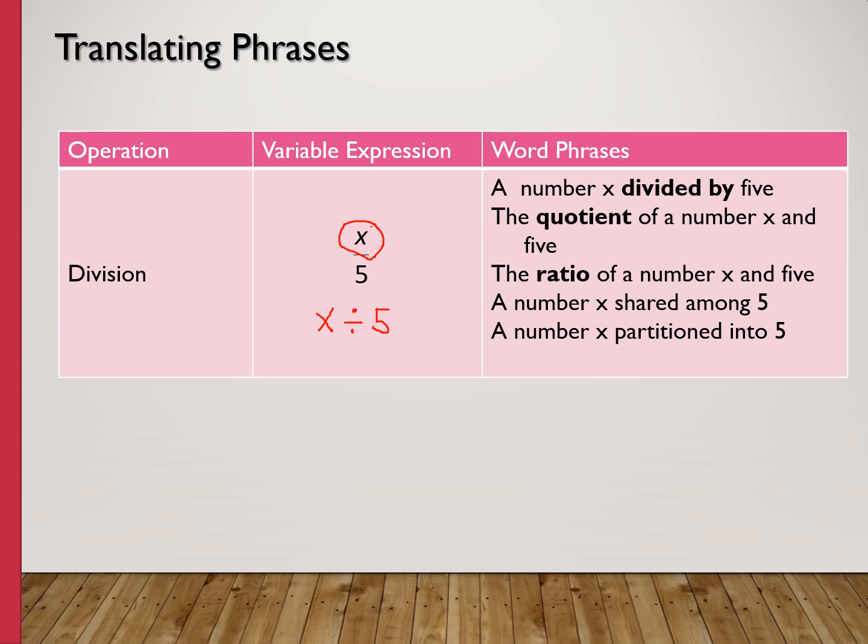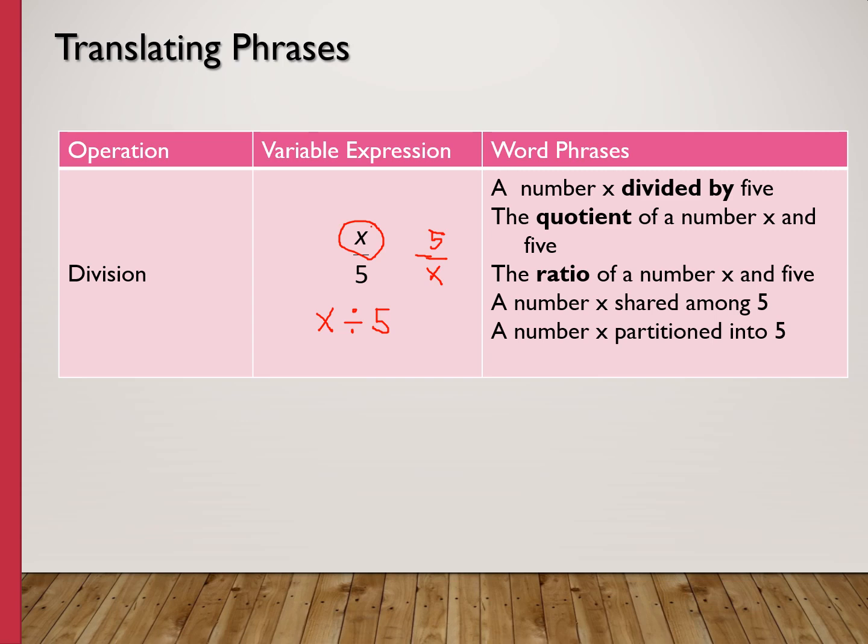Dito, sobrang halaga po ng order. So, pag sinabi natin na a number x partitioned into 5, so yan ay x over 5. Pero pag sinabi natin 5 is partitioned into a number x, ganyan na siya magiging tsura niya. So, magkaiba na po sila.